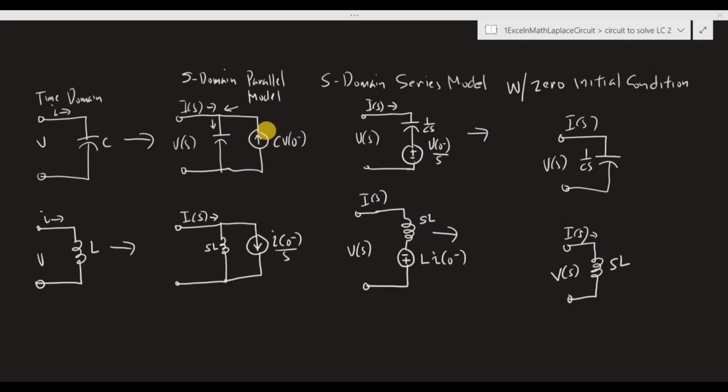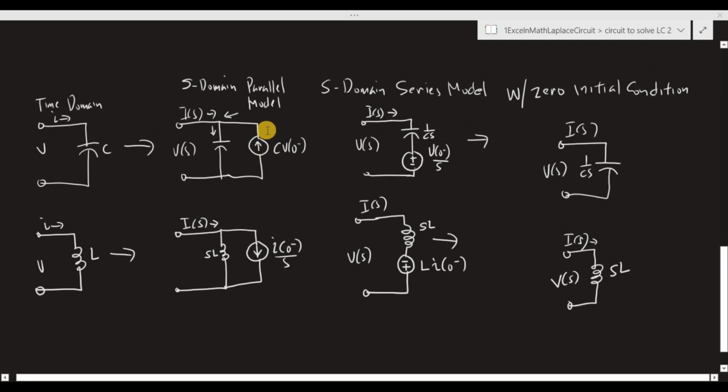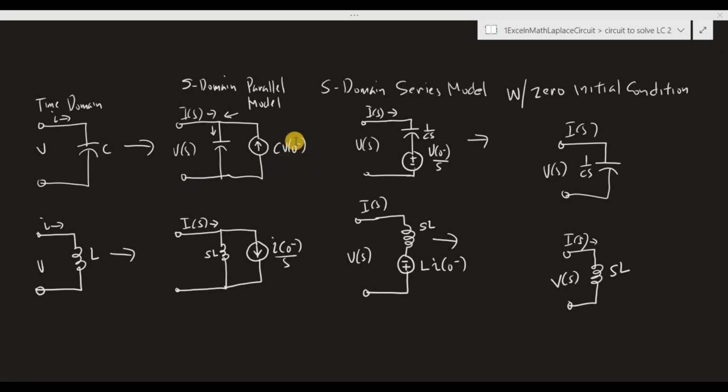Okay, if the initial condition of the capacitor is 0, then V0 minus equals 0, and C times 0 equals 0, which means that the current source is 0. Now, if the current source is 0, it will behave as an open circuit, and this parallel circuit model will reduce to this form.